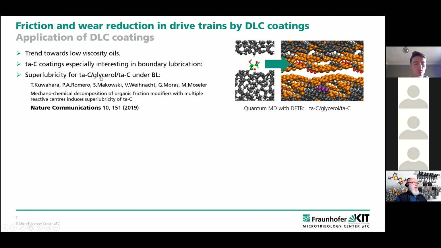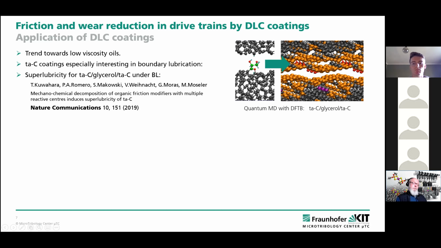For instance, you can show by experiment and simulation that if you lubricate 2 ta-C surfaces with glycerol, you get into superlubricity. And we believe that this has to do with doping of the surfaces with oxygen and hydrogen from the glycerol that catalyzes the transition to some aromatic structures that passivate both surfaces, and this leads to ultra low and super low friction.